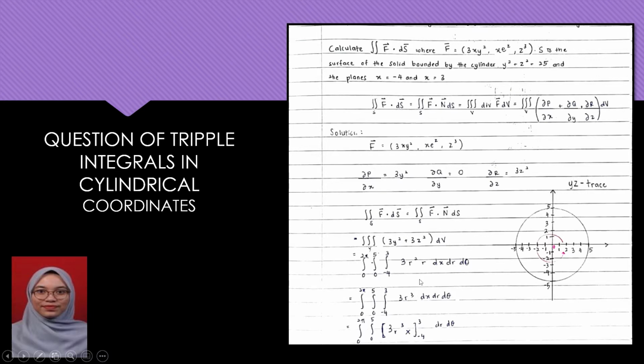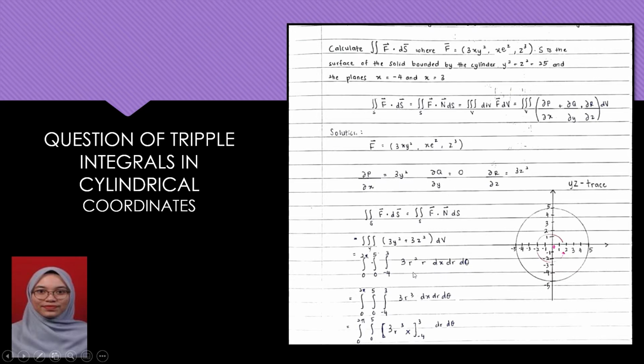So the differential dV is not equal to r dz dr d theta, but it will equal r dx dr d theta, because the cylinder is running along the x-axis, where y squared plus z squared is equal to r squared. So this triple integral will equal the triple integral of 3r squared times r dx dr d theta.